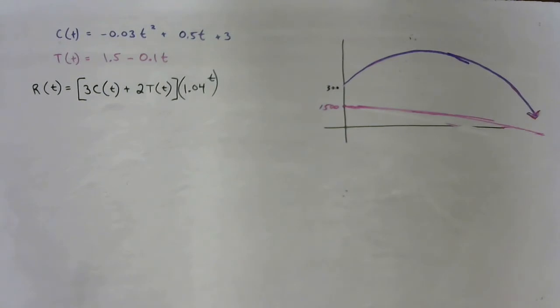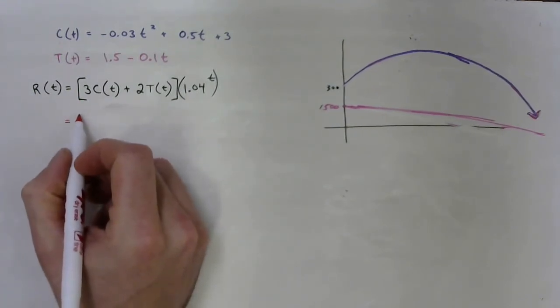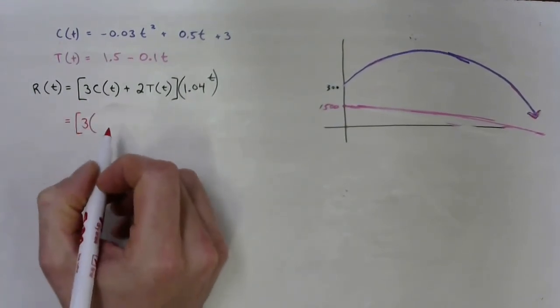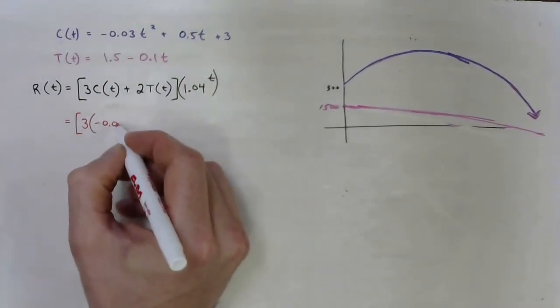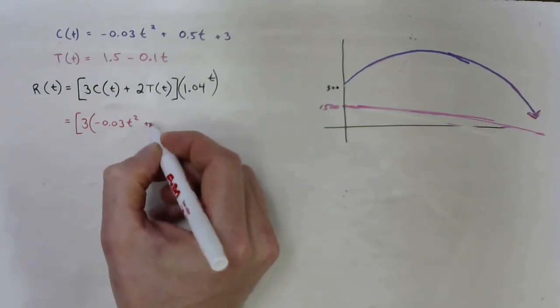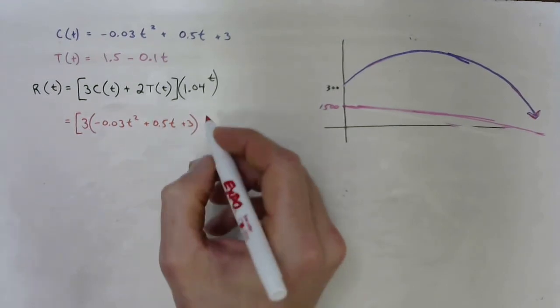So in order to do that, all we're going to do is sub in what we know about these functions, apply the distributive property, and then go ahead and simplify. So here we go. We know that we are going to have 3 times the function given for CDs, which is negative 0.03t squared plus 0.5t plus 3, close bracket.